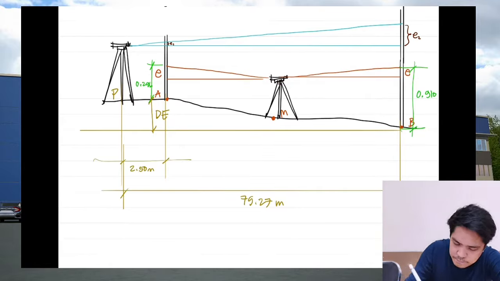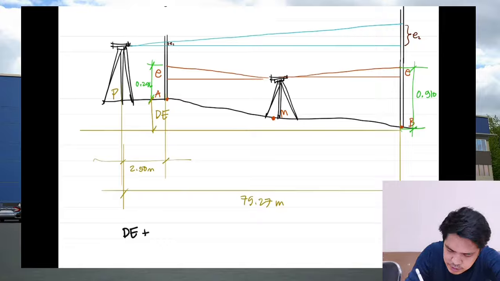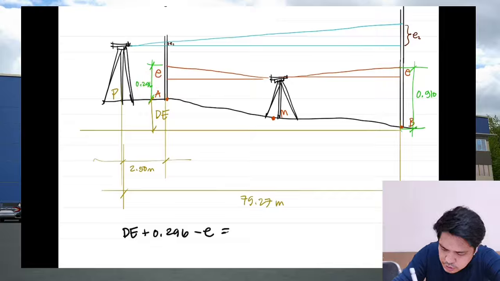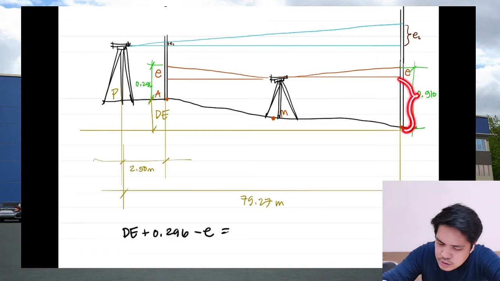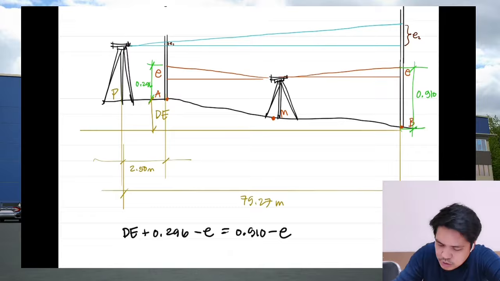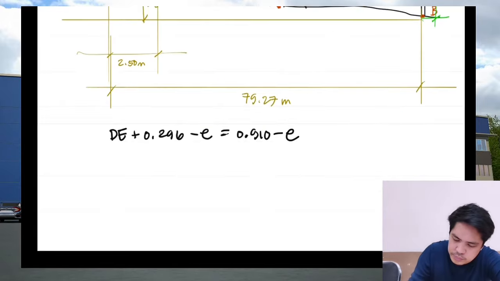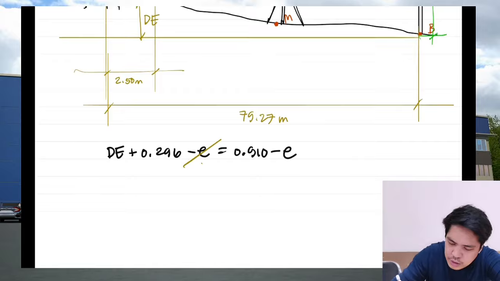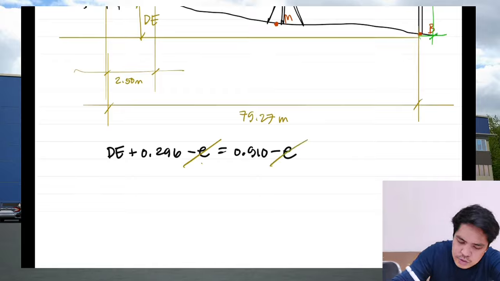That means DE, I'll write it here, bigger ink, DE plus 0.9296, okay, this one, minus the error, that is equal to this, which is 0.910 minus the error. Okay, so this minus the error, so that would be this distance, and we could just cancel out negative E, so we could now solve for DE.